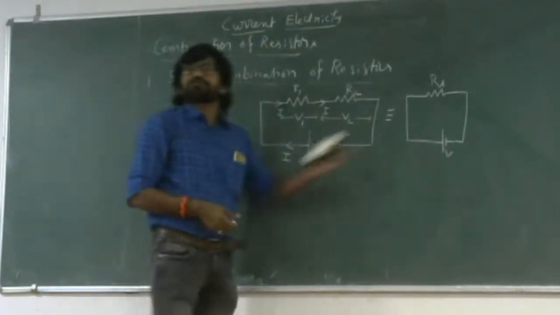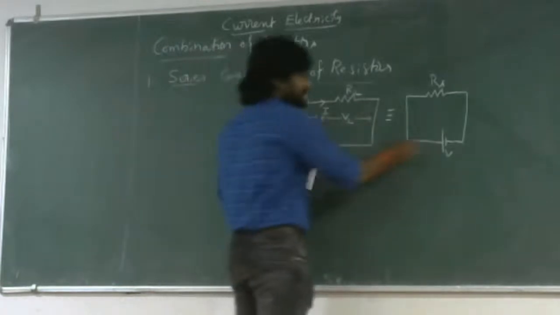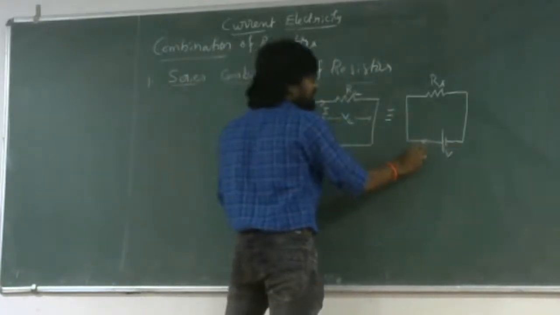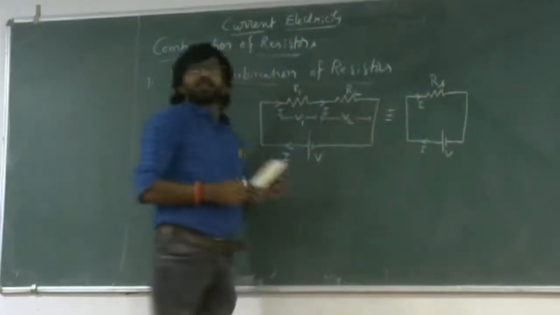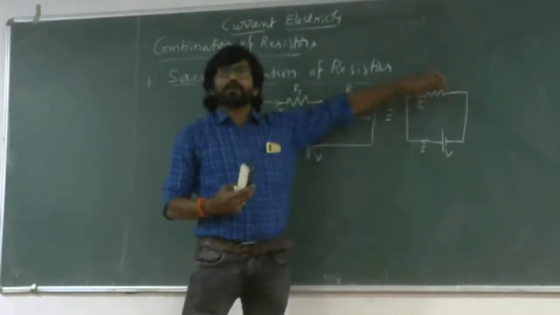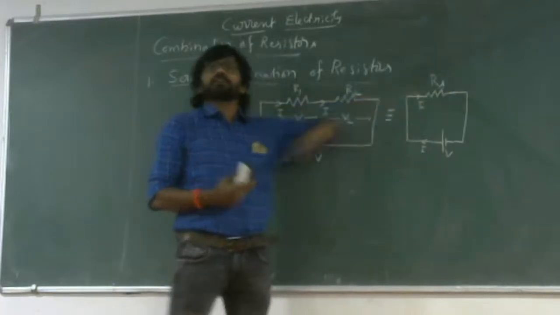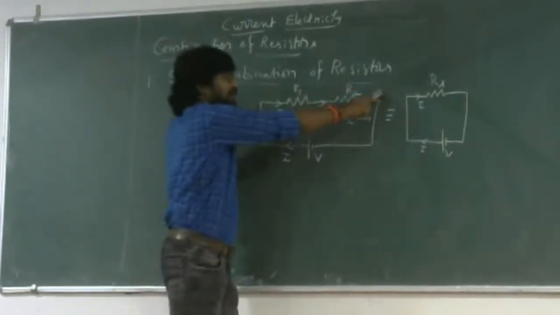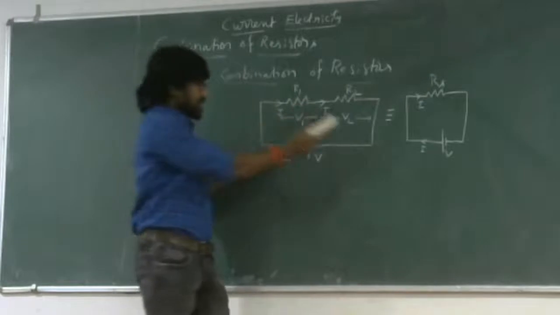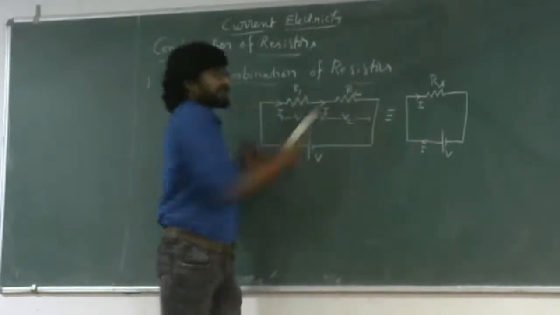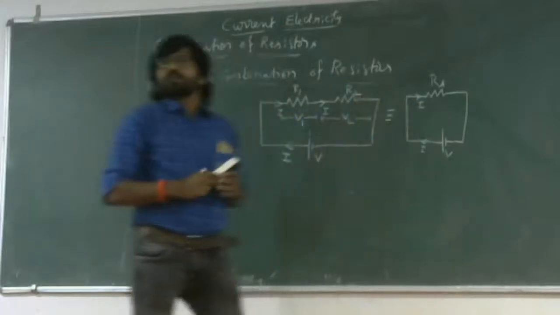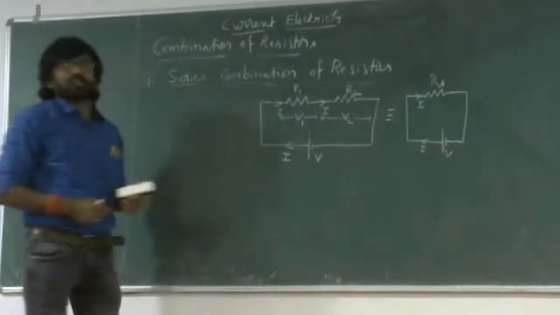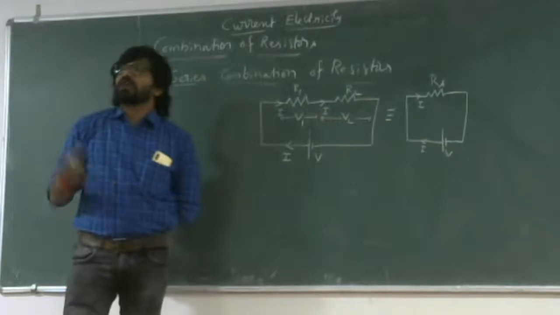That is, if a current I is drawn and passes through it, the potential drop across this resistor is equal to the total potential drop across the combination of resistors. Means V is equal to the sum of these potentials. V is equal to I into Rs. Is it clear?